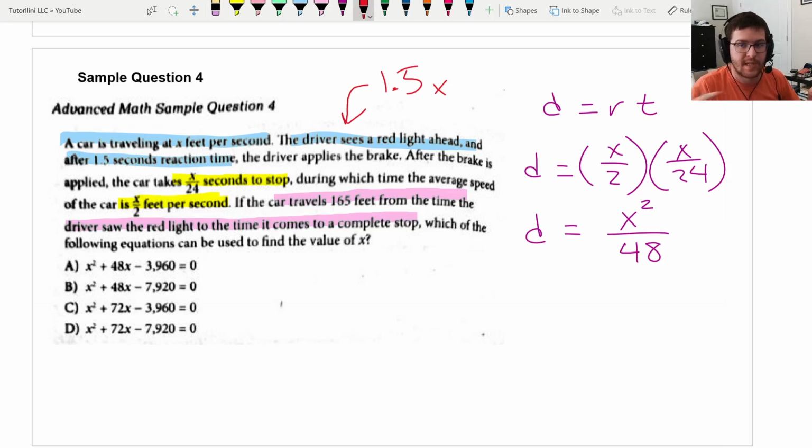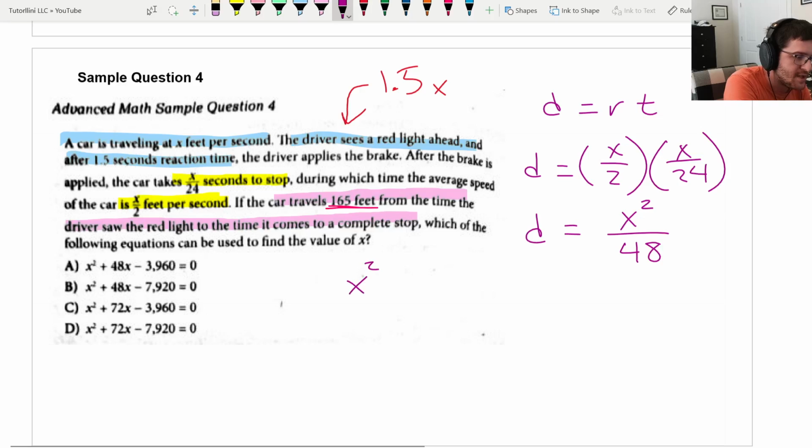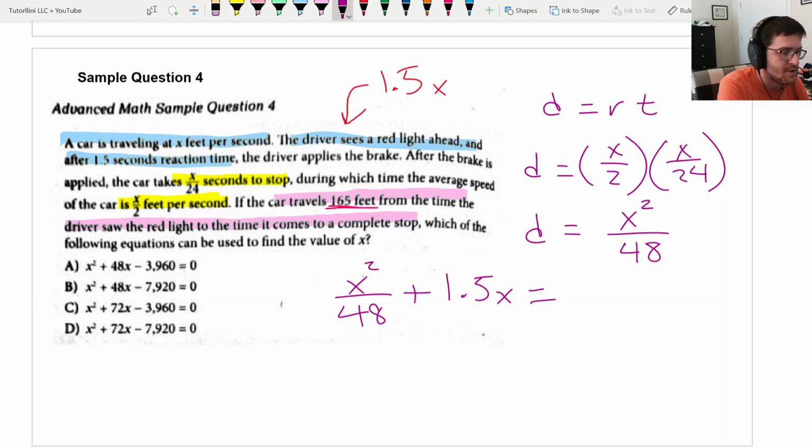That's like the actual stopping distance. So there's like a reaction time and then a stopping distance. And in total, those two things should equal 165. So we can write this equation. The distance from stopping plus the distance from reacting is equal to 165.